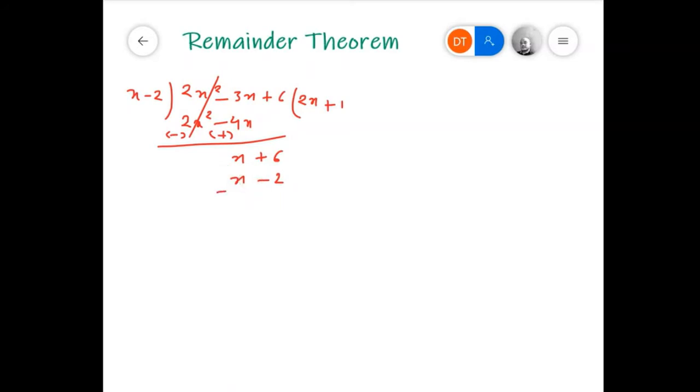Now we change the sign again. x minus x gets cancelled, and 6 plus 2 is 8. That means the remainder is 8, and you got the quotient as 2x plus 1.